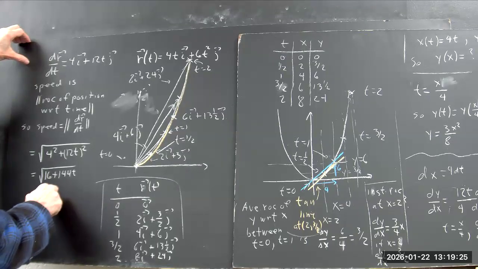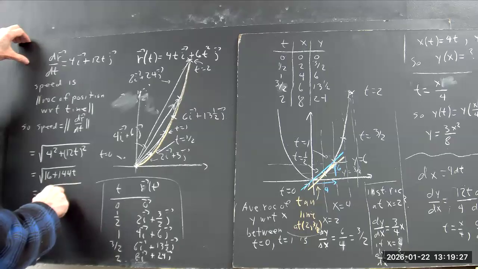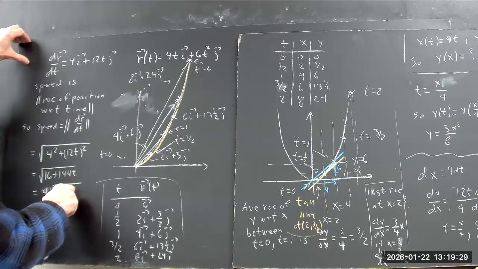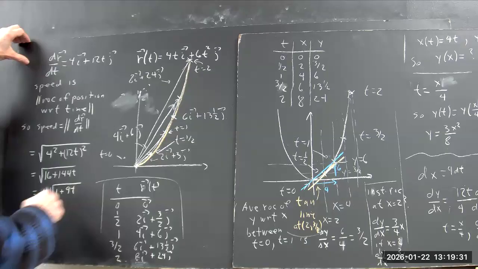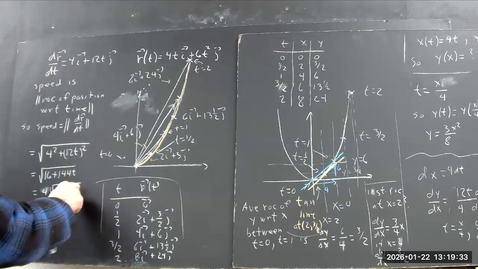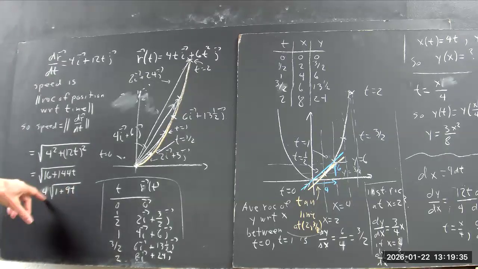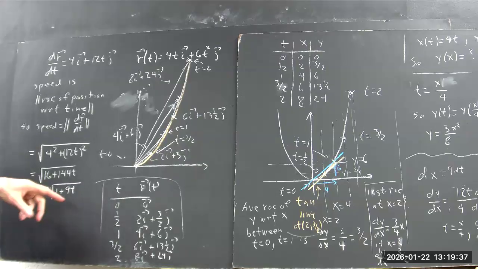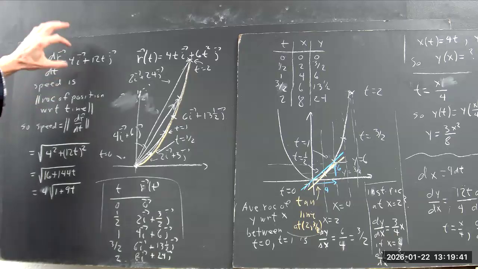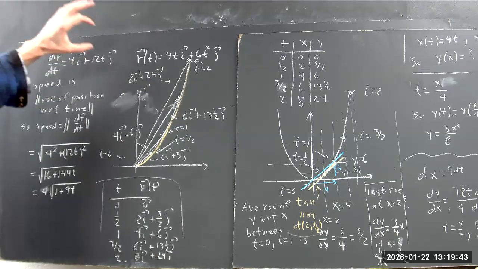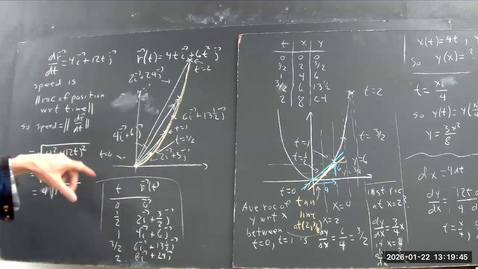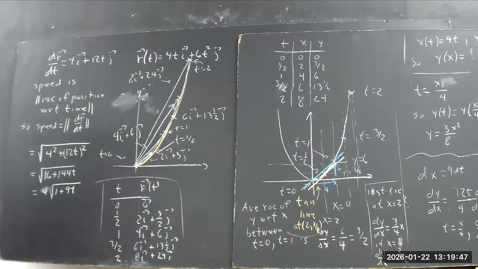Yeah, that's right. Factoring out the four, you get 4 times the square root of 1 plus 9. But the main thing is, it's this component squared plus this component squared, you take the square root. It should be obvious why that works.